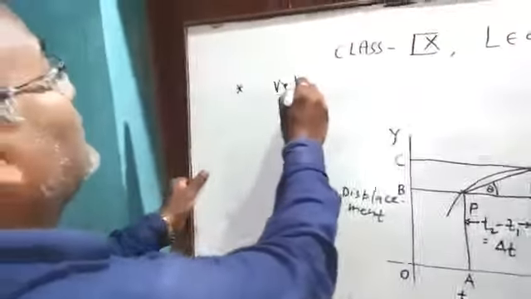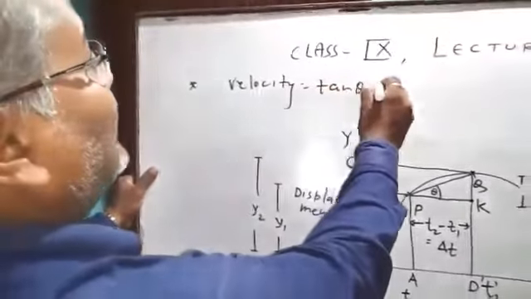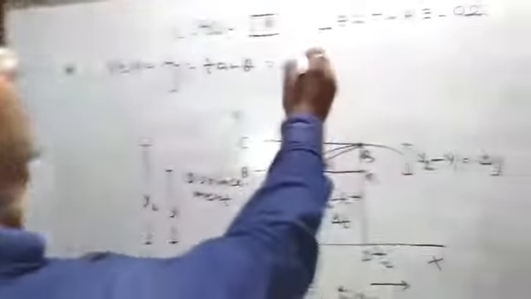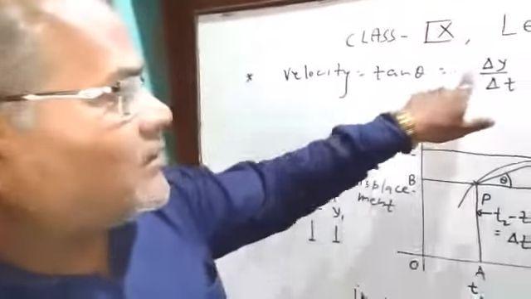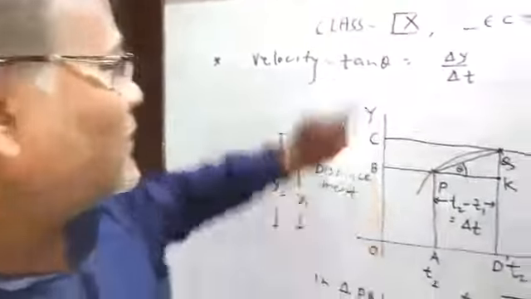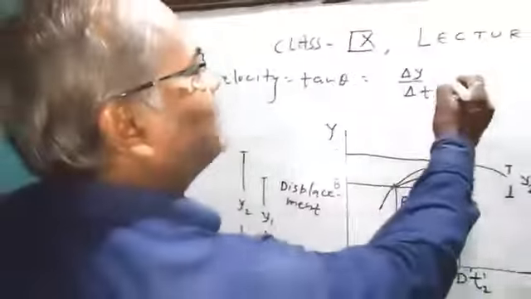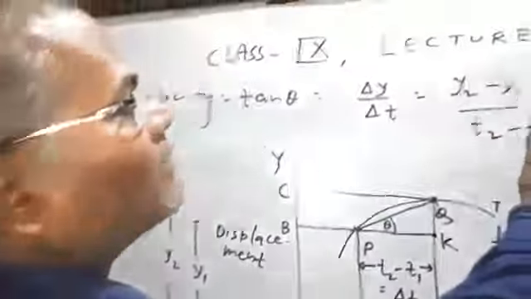Hence, velocity is equal to tan theta, which is equal to delta y upon delta t. Tan theta equals delta y upon delta t, which can be written as y2 minus y1 divided by t2 minus t1.